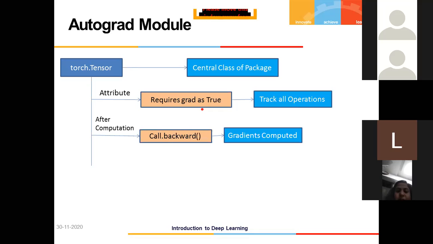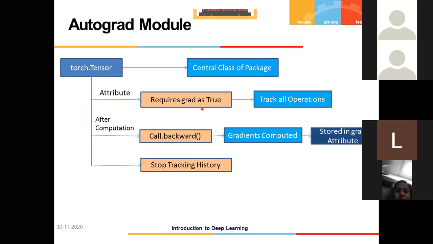To calculate the gradient you will call x.grad or loss.grad, something like that. Once calculated, the gradient is stored in the gradient variable. For example, you will calculate two gradients: one is the weight gradient, another is the bias gradient, and these two are stored there. Once the gradient is stored, then you need to adjust the weight, right? While adjusting the weight, you need not keep the forward pass. The forward pass has to be eliminated, right? So for that, we have to stop tracking the history.